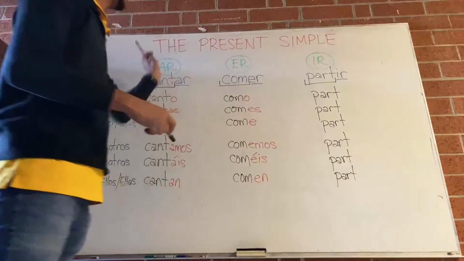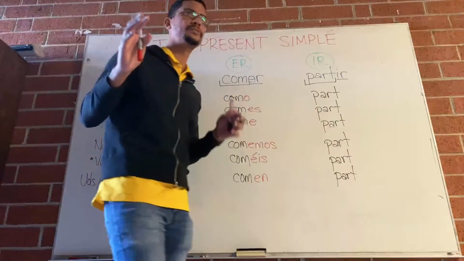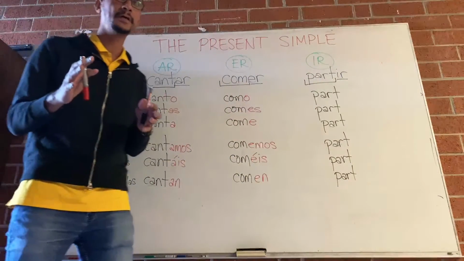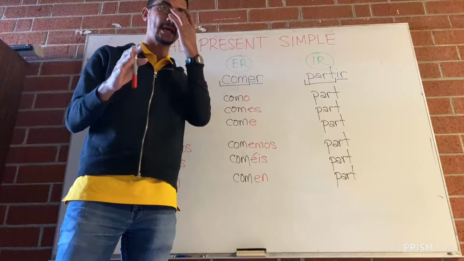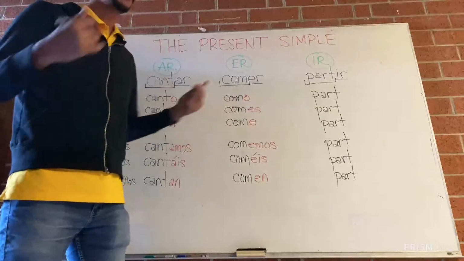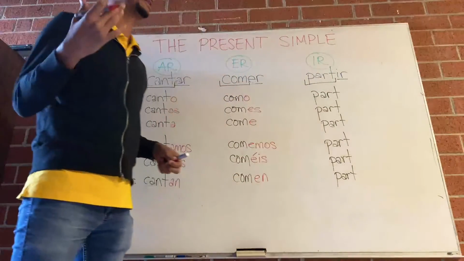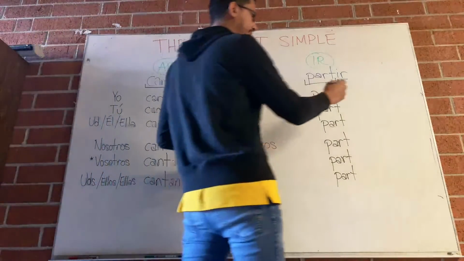But this time we don't have stem changing verbs here, right? You will have some stem changing verbs in your assignment today, but there's just a few activities with stem changing verbs. You can go back to the stem changing verbs explanation, and you can review that part.